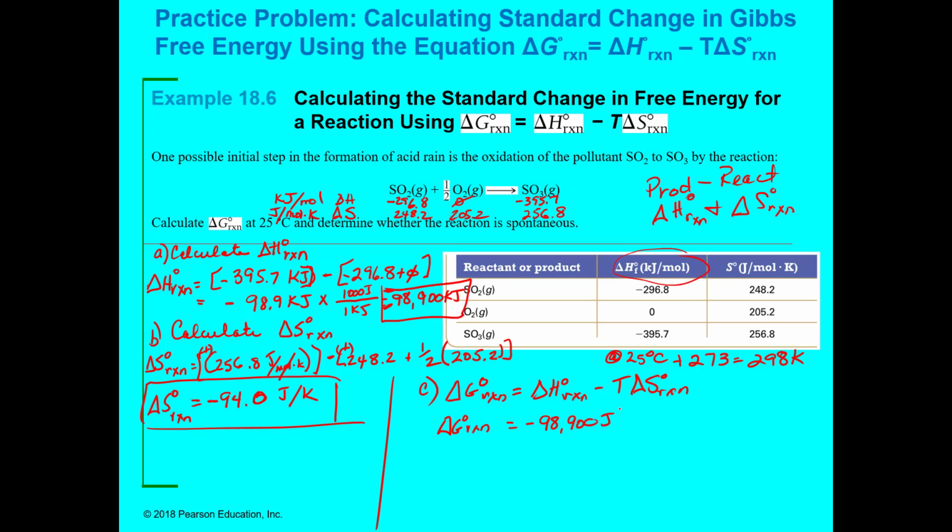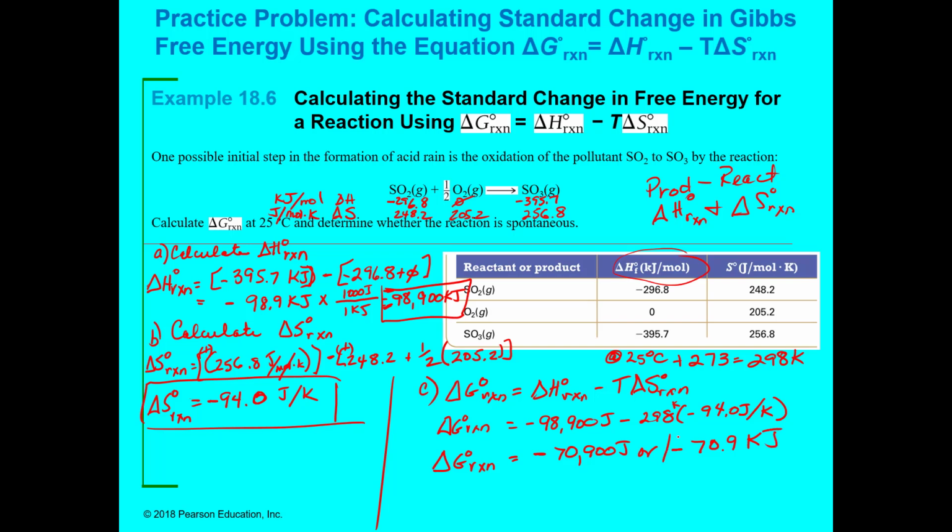That's why I converted it to joules, so that they will both be the same units, minus 298 times a negative 94 joules per K. And so my delta G0 of reaction is going to be equal to a negative 70,900 joules, or a negative 70.9 kilojoules.